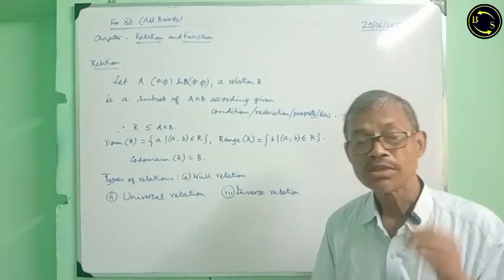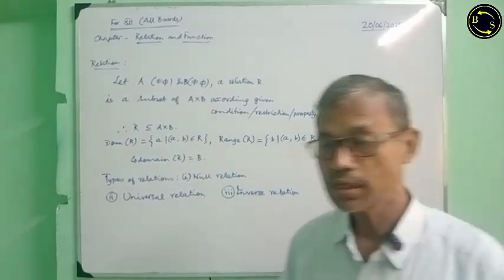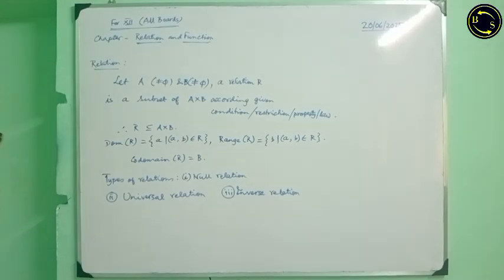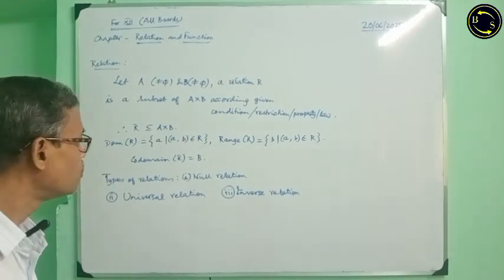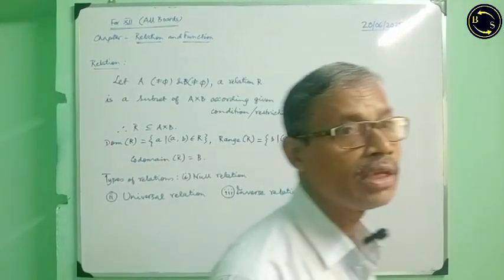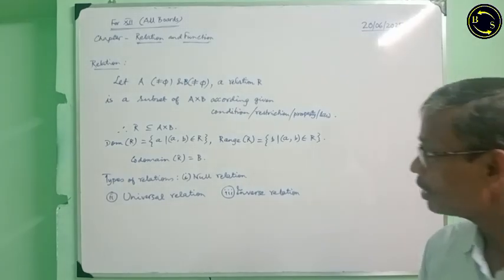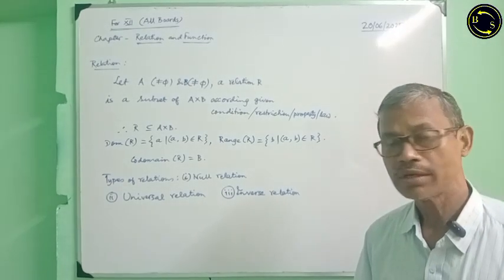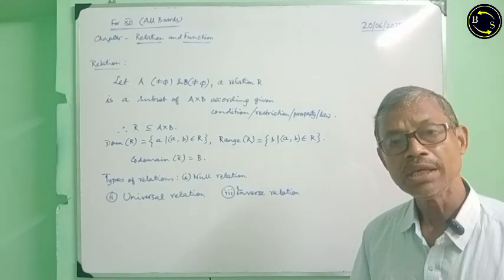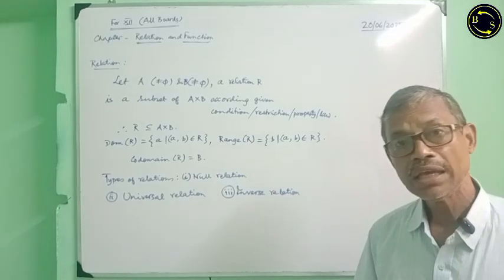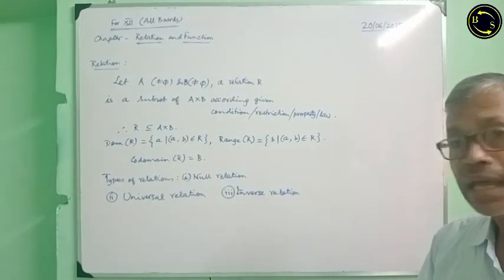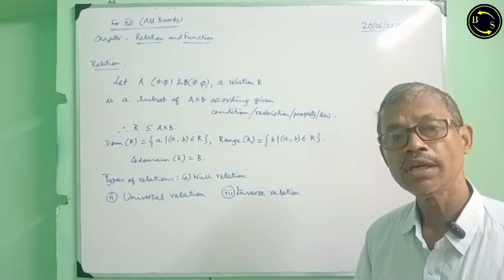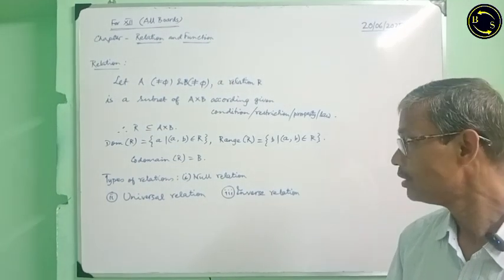Null relation, that means a relation from set A to set B of ordered pairs which will not satisfy the given condition or restriction. We won't get any ordered pair (A, B), where A is coming from set A and B is coming from set B, which will satisfy the given restriction.